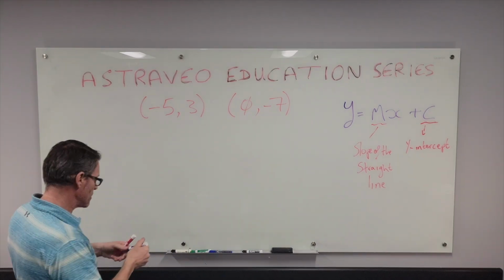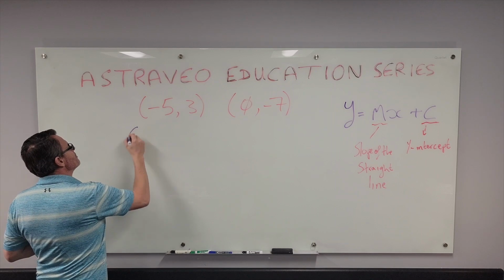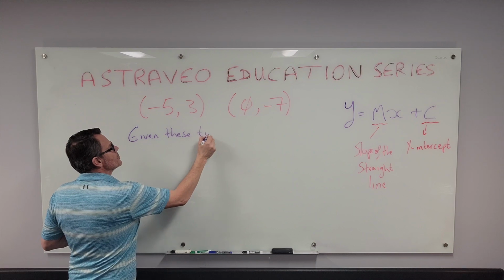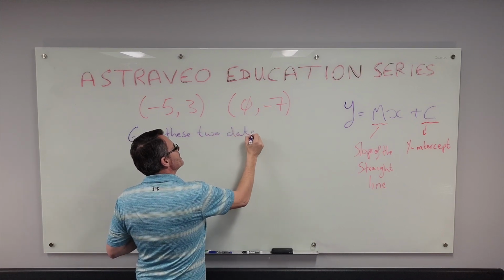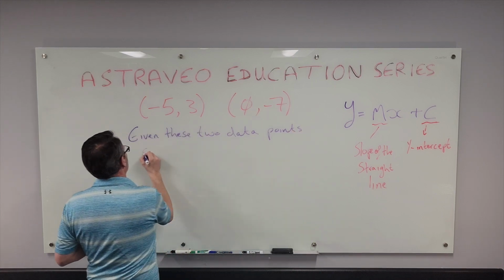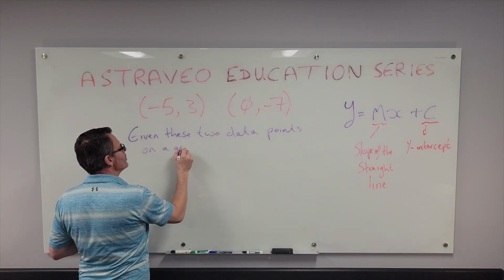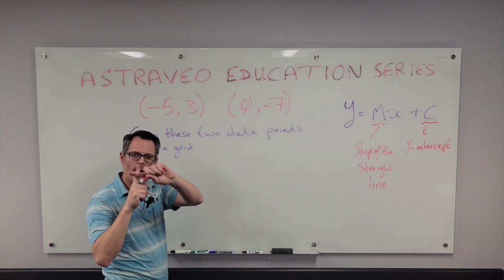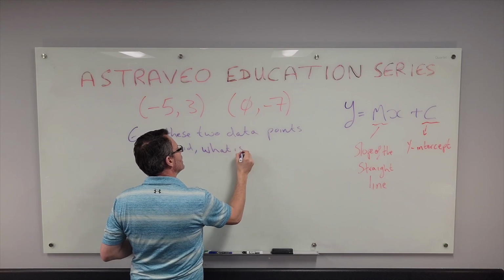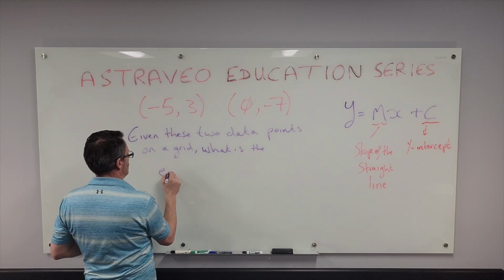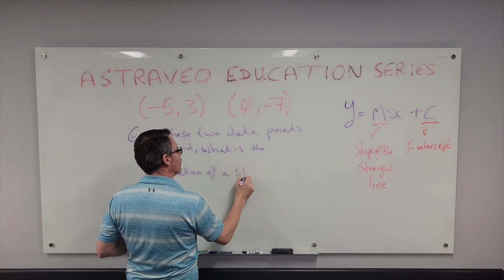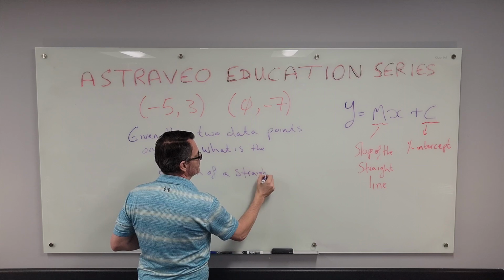Now, what the question will say is, given these two data points on a grid, and by a grid it means on a Cartesian grid, on an xy grid that looks like this, what is the equation of a straight line, or the straight line?